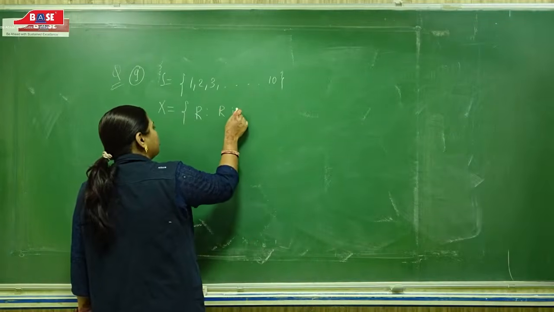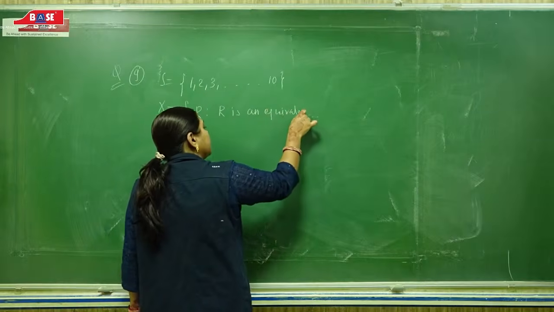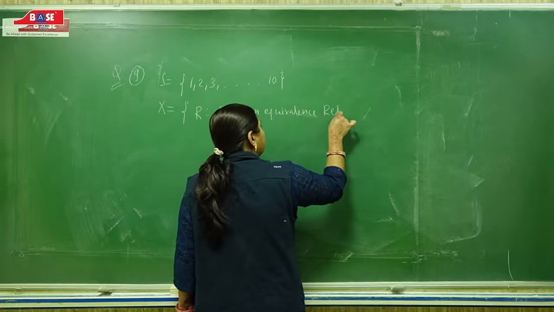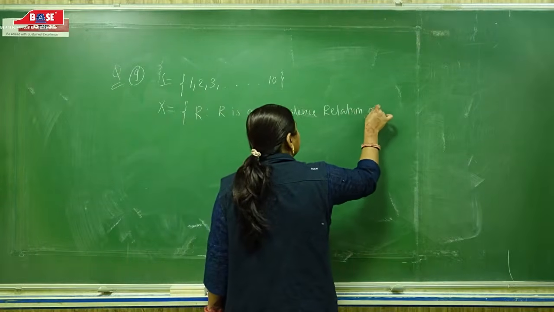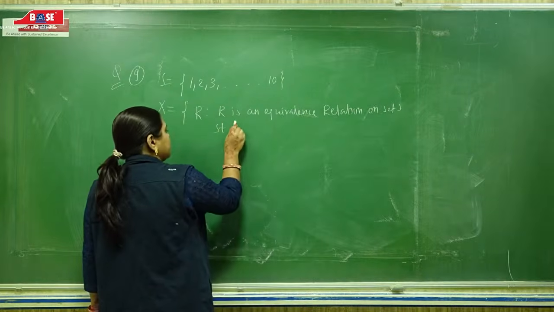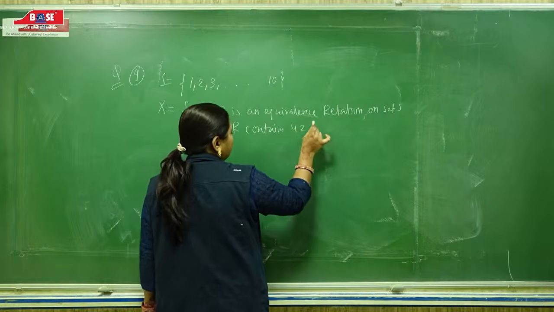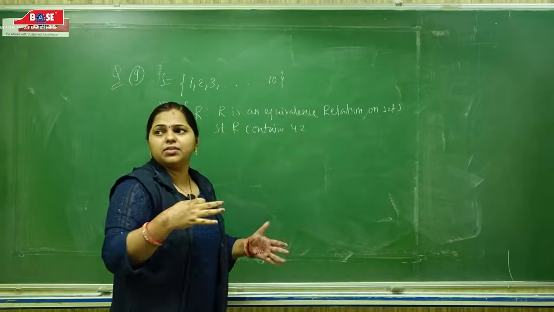Till that point, no problem, but they are putting an extra condition. What is that extra condition? Equivalence relation on this set S such that this R contains 42 elements, and I would say this is the one condition which is making the question itself difficult, right?